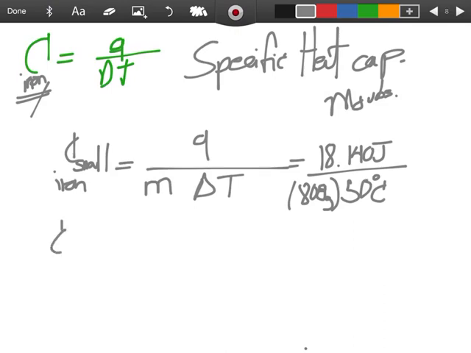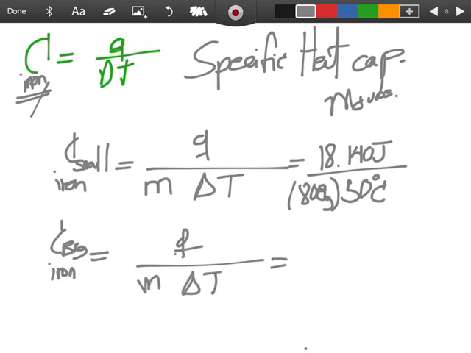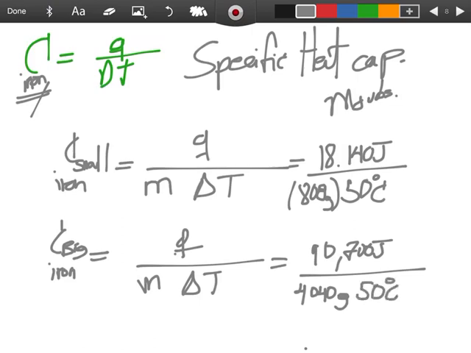And now let's do the same specific heat, but for the big piece of iron. And this is going to be the same: the same amount of heat that I used to raise the temperature, the mass that in this case is bigger, and delta T. So in this case, it's going to be 90,700 joules over 4,040 grams, times the change of temperature, 50 Celsius.